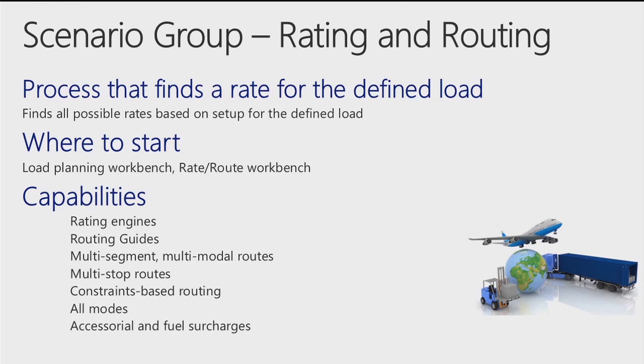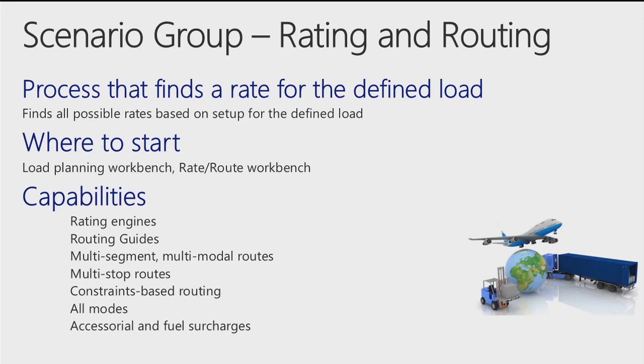In this rate route workbench, we have several possibilities to find the most corresponding freight rate: either to find the least expensive one, do rate shopping so that we can have multiple possibilities for freight rates, or we can base our rating on the logistics network that we have defined as part of our setup.